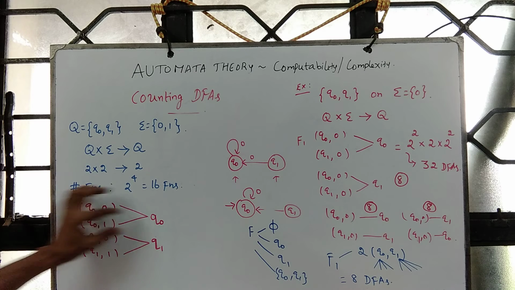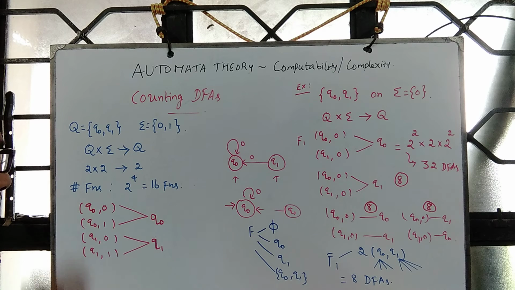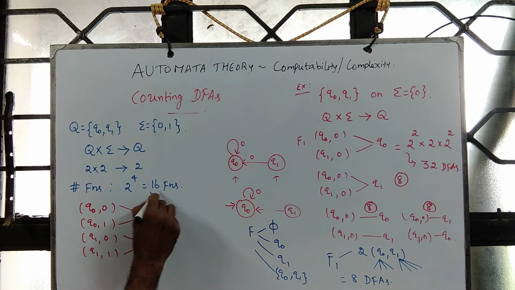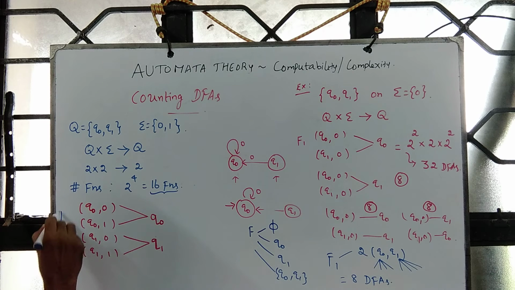Let's assume these two are mapping to q0 and these two are mapping to q1. The elements in the domain are the elements of this cross product, so there will be 4 elements and they map to 2 elements, q0 and q1. But there are many functions, there are 16 of them. I'm just focusing on this function.